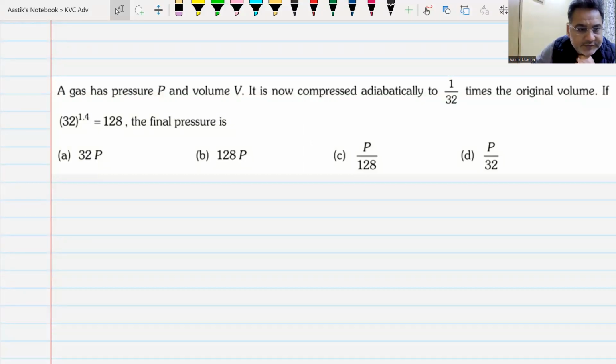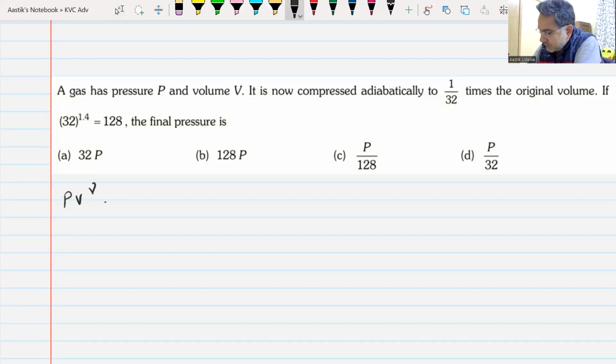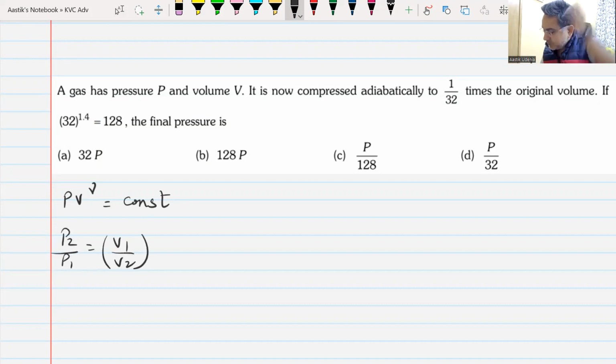Option B, sir. How did you get option B? We have to simply use PV raised to the power gamma as constant. Yes or no? Yes, sir. So P2 by P1 will be equal to V1 by V2 raised to the power of gamma.